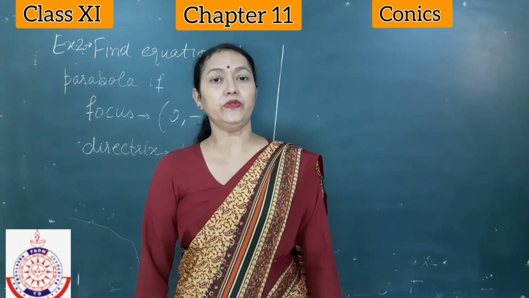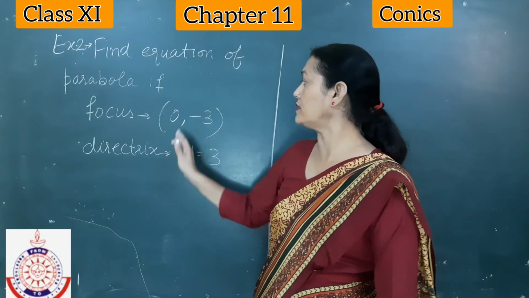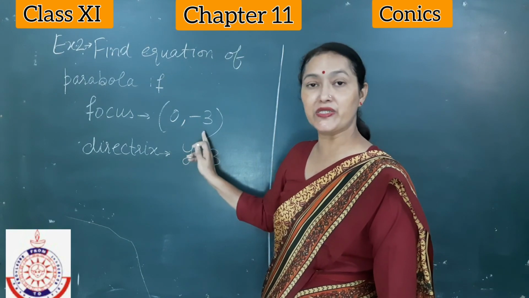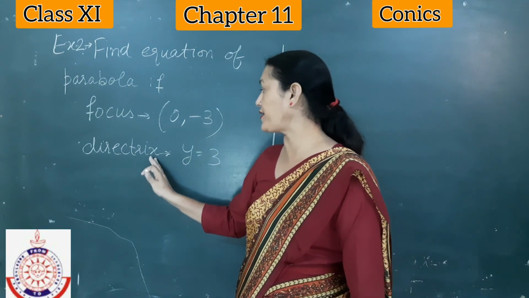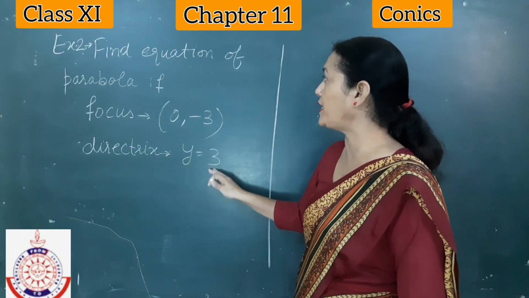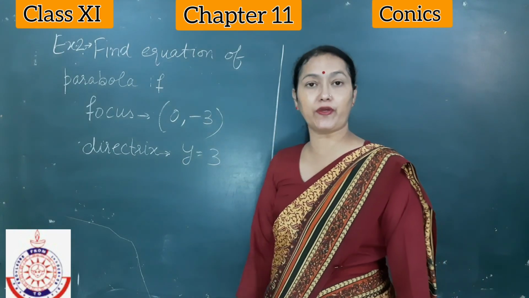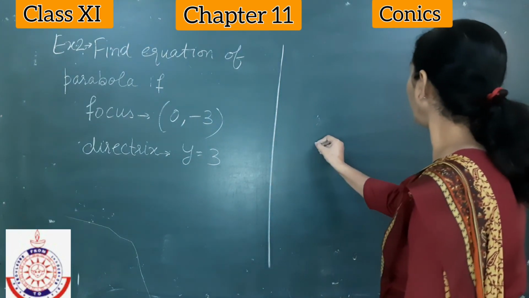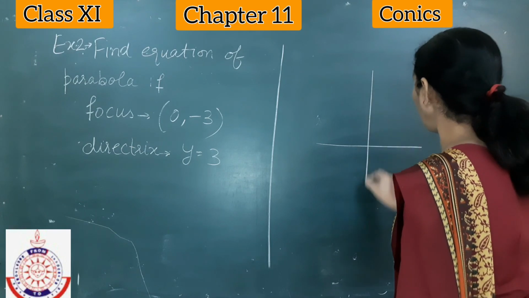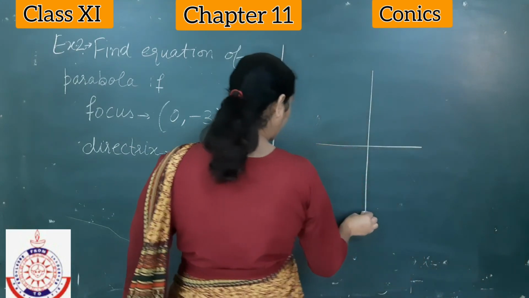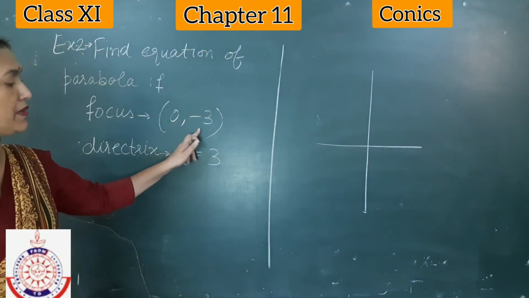Example number 2, they have given us focus at point (0, -3). And the equation of directrix, they have given y equals 3, and they are asking us to write the equation of the parabola. According to the points, what are they given? Point is (0, -3).